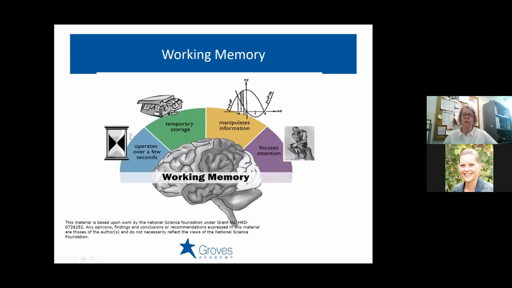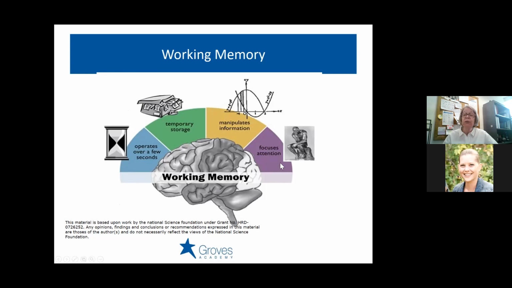This is fairly short term, and it serves as a temporary storage place, meaning temporary storage of what are the ideas that you are planning to express, and what background knowledge do you already have that you can retrieve from your long-term memory. All of that lives in the working memory temporarily.